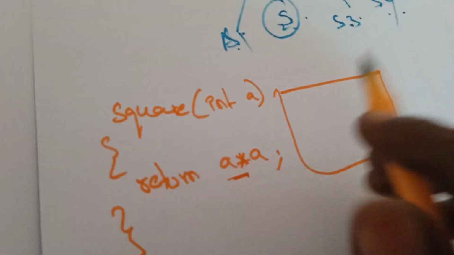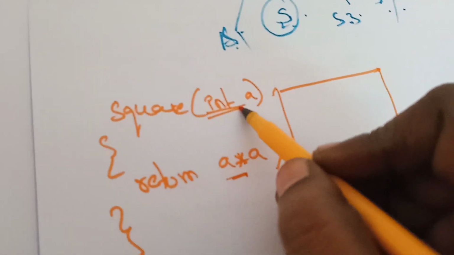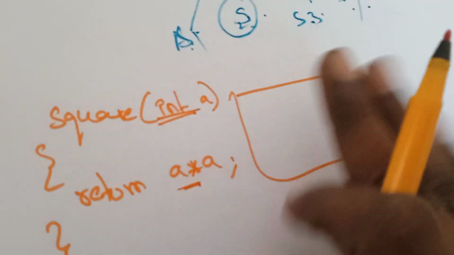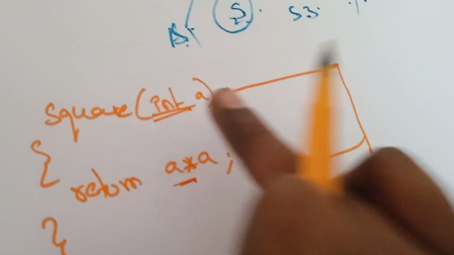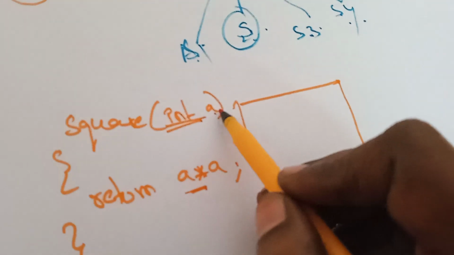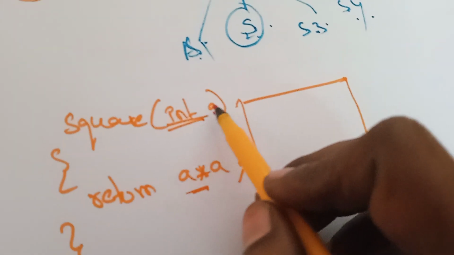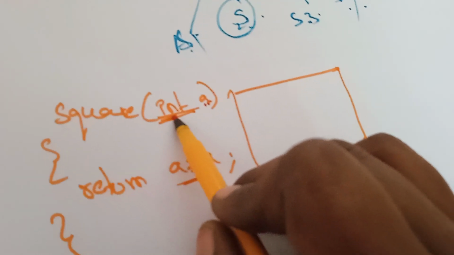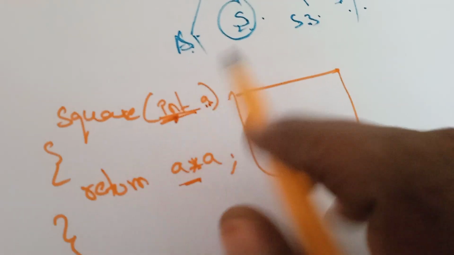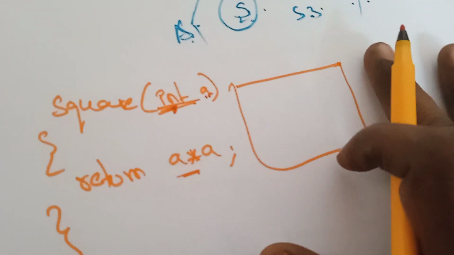At the moment when I declare a variable in my computer memory, this variable is going to be stored. How much memory I have to give to store this will be decided by the data type. The data type tells the computer processor how much memory has to be allocated.